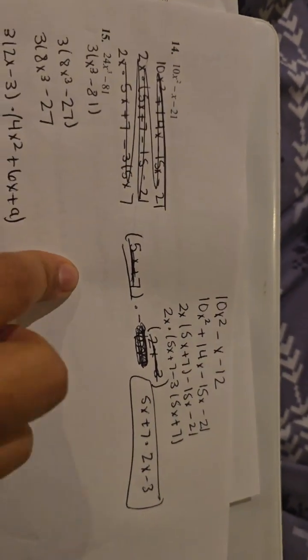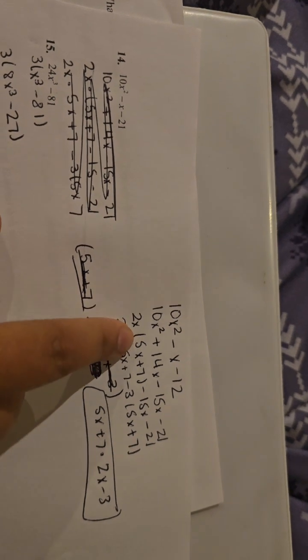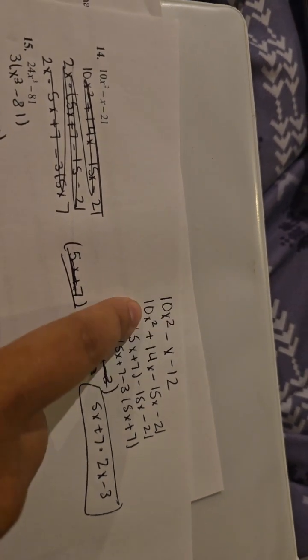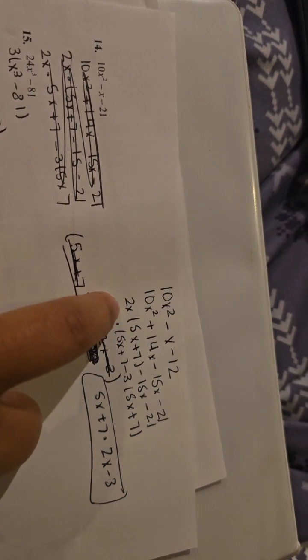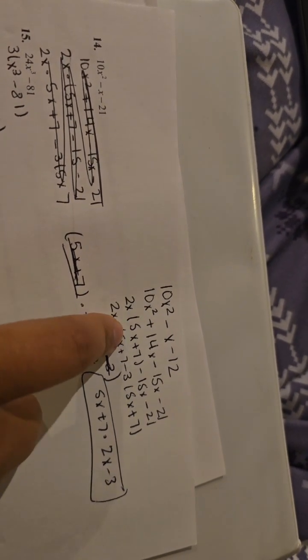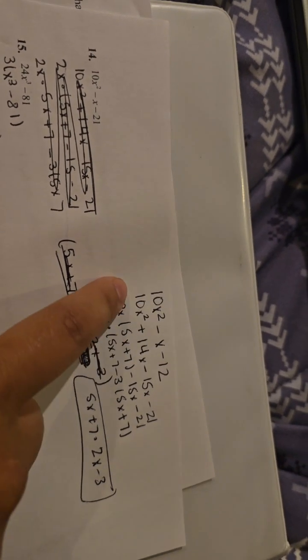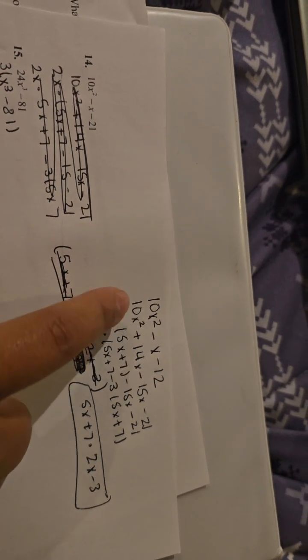As we break it down, we're going to put our 10 here. To break it down even more, we're going to make it into a 2. So if we have a 10 here, we're going to put a 5 here. So 2 times 5 would equal 10. So here would be our 10. We're going to put our x, our 2 behind our 2. We're going to put an x and another x here.